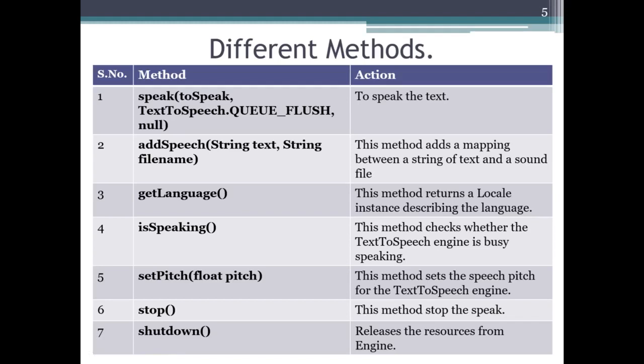Similarly, stop and shutdown are used to stop conversion, and shutdown releases all the resources from the TTS engine. These are some of the methods. And in the simple app we are developing, we will be just using this speak function. Not more than that.